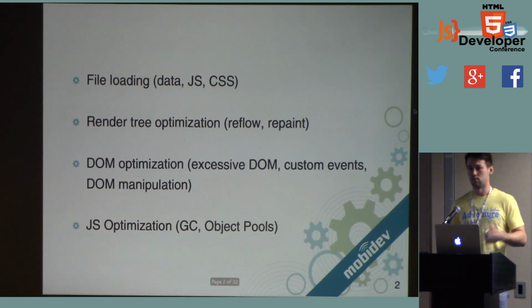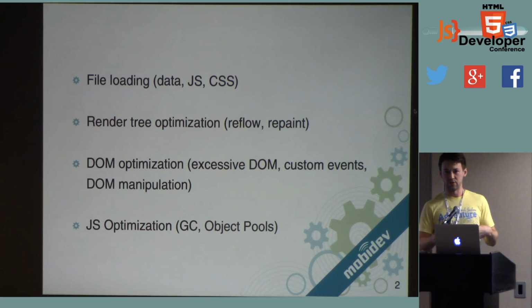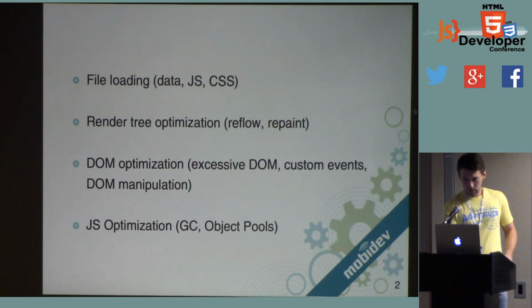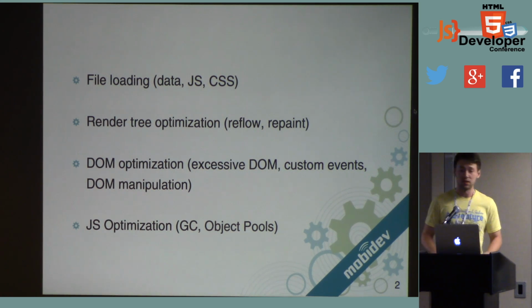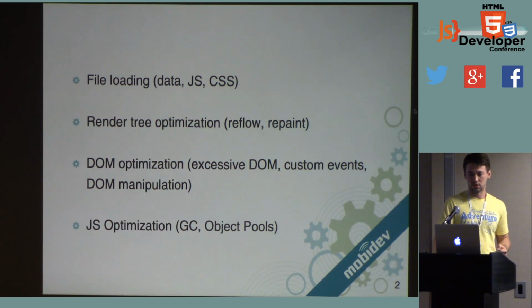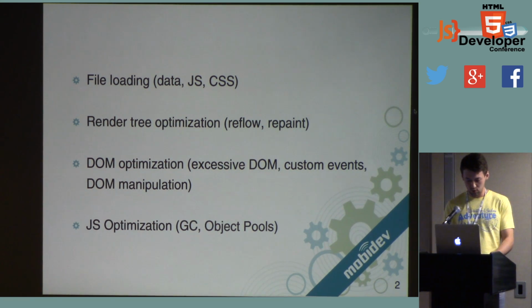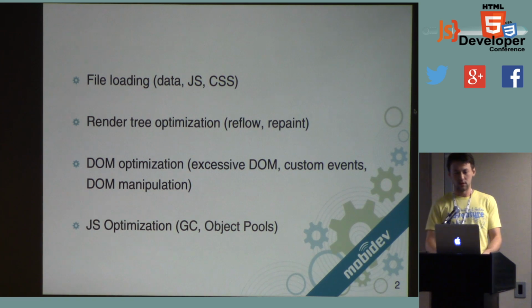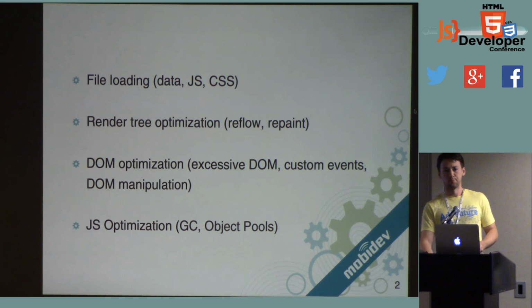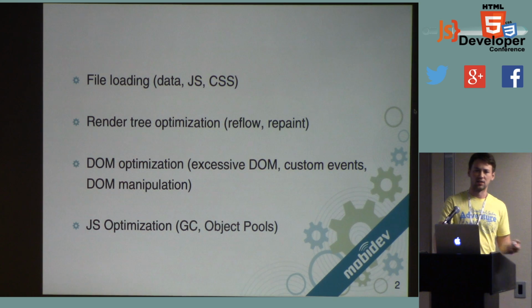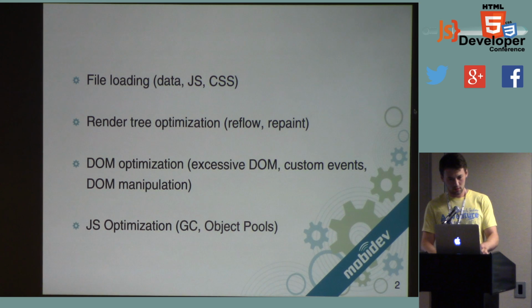So we are going to talk about how browser internals work. The four main things we're going to talk about today are: file loading on mobile devices; render tree optimizations, such as reflow and repaint, which are very consuming operations; document object model optimization, solving such problems as excessive DOM, custom events, and DOM manipulations; and JavaScript optimization.